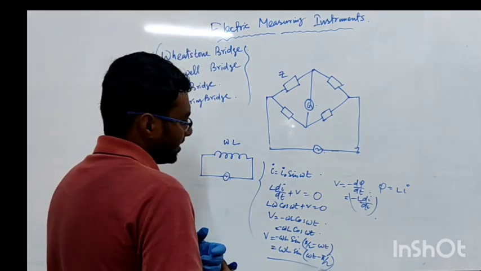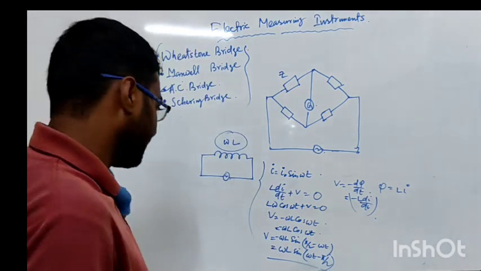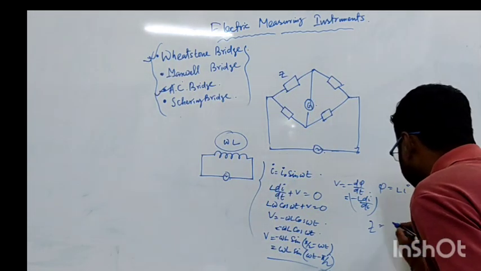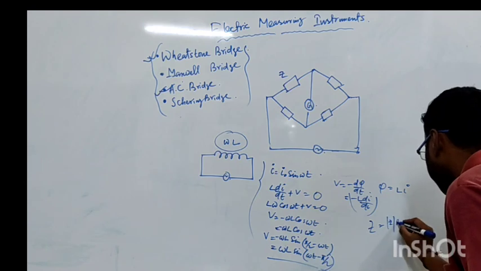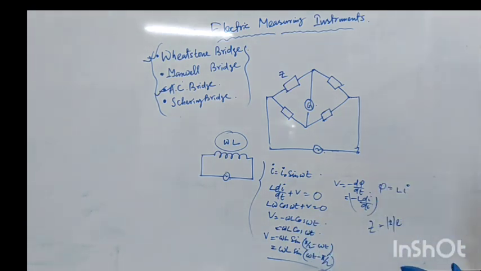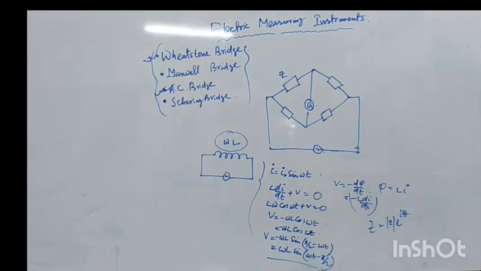So we can see that it can create some phases within the circuit. That's why the impedance Z, as we know it is a complex quantity, we can represent as mod of Z into, in the general rule to represent a complex number, Z equal to mod Z e to the power i theta.